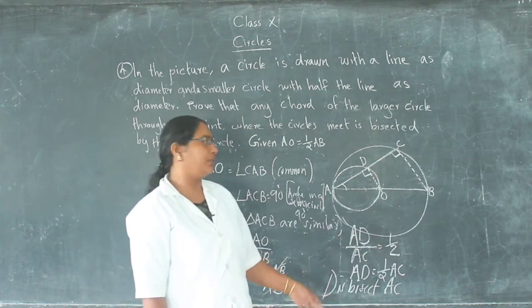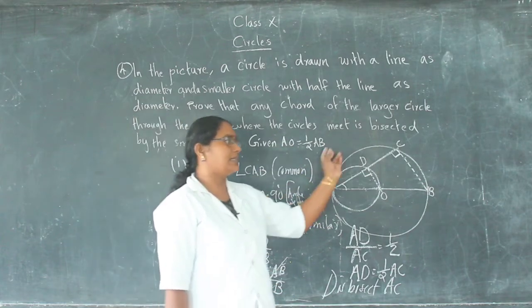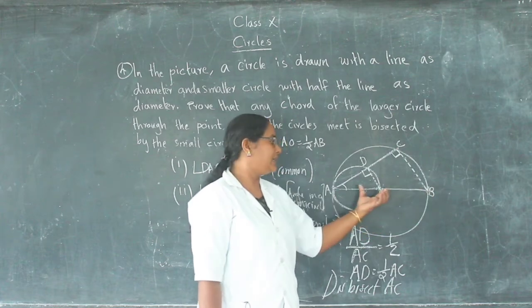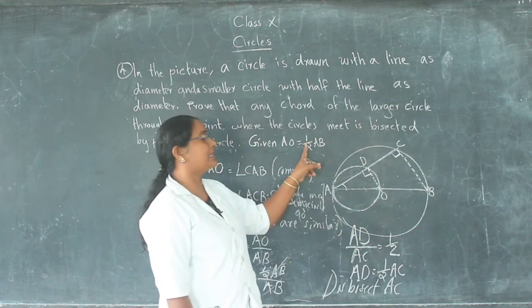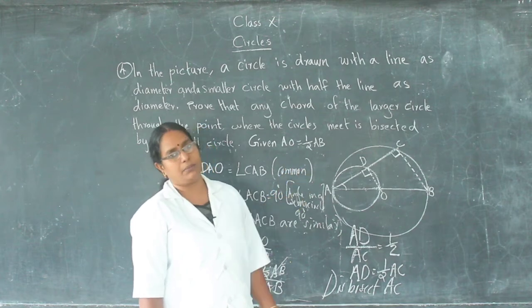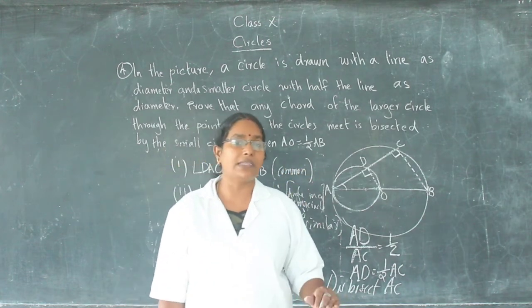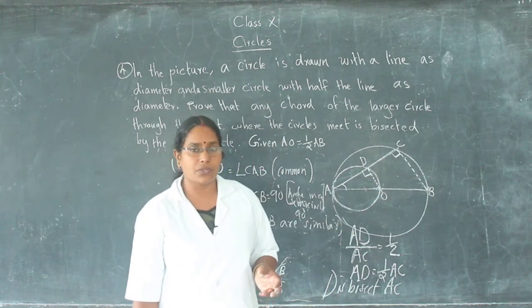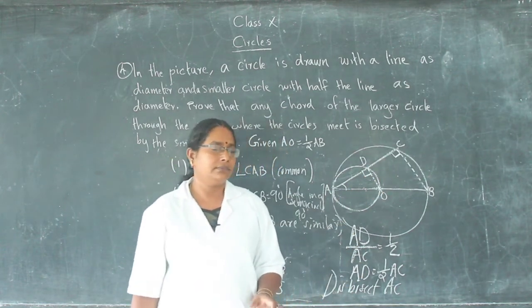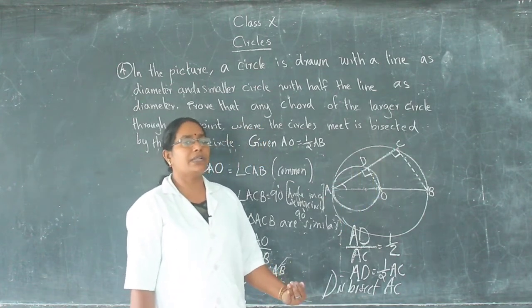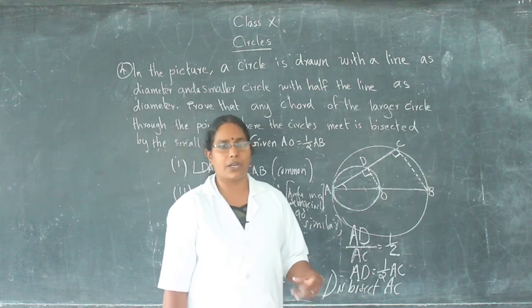This is the proof. Again, one large circle is given, the diameter is given, and this is half of the diameter. This is the important point: the diameter of the small circle is half of AB. Consider the two triangles that we want to prove similar. Two triangles are similar means corresponding sides are in the same ratio.